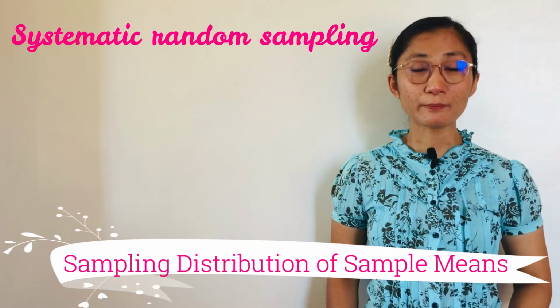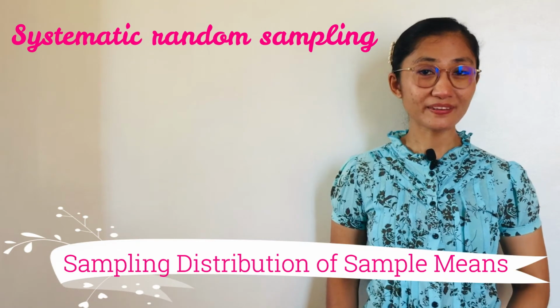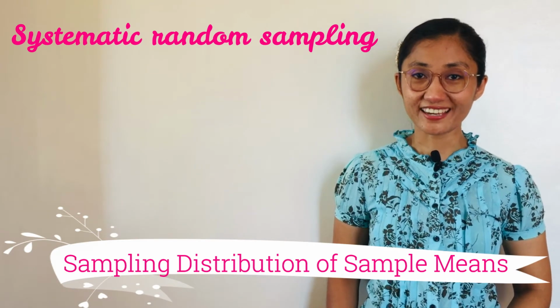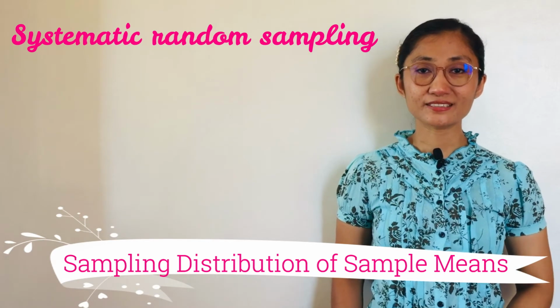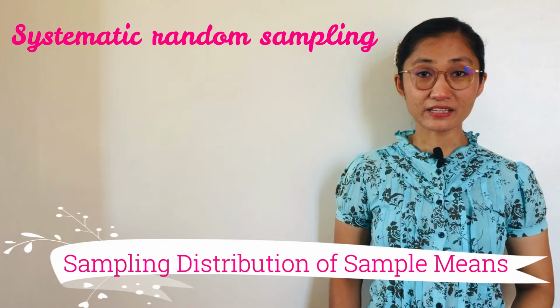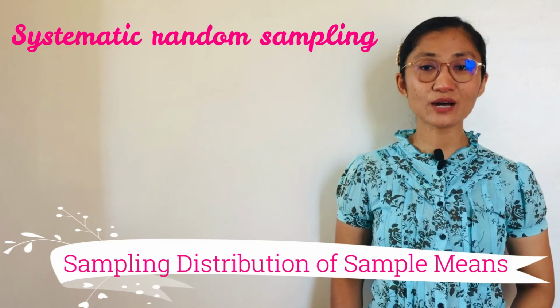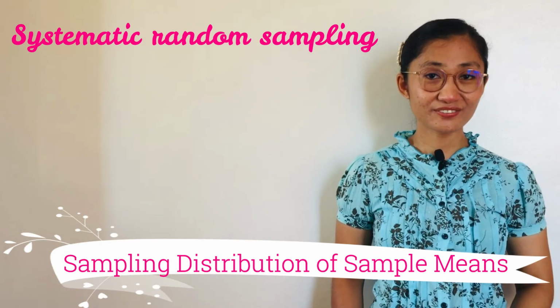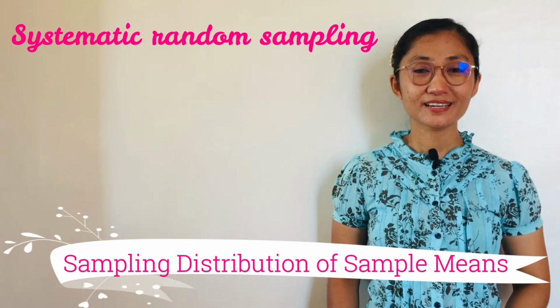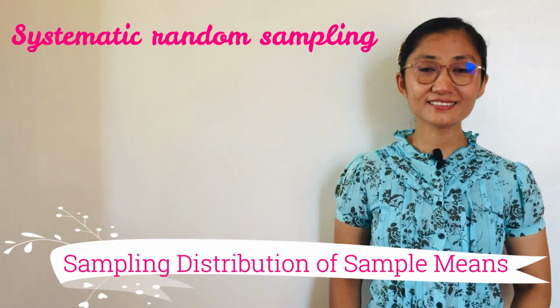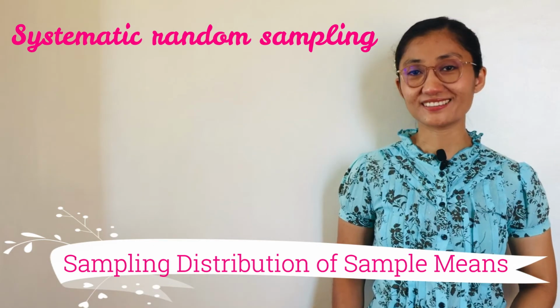Again, population size is represented by capital letter N, while sample size is represented by small letter n. An example of systematic random sampling is when a population consists of 1,000 students and there are 50 desired samples. A researcher then tells the students to count and then selects every 20th student.